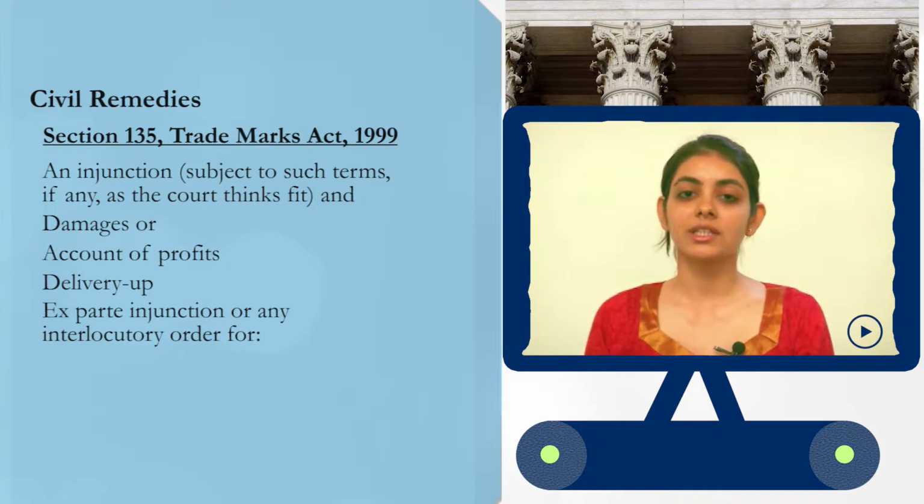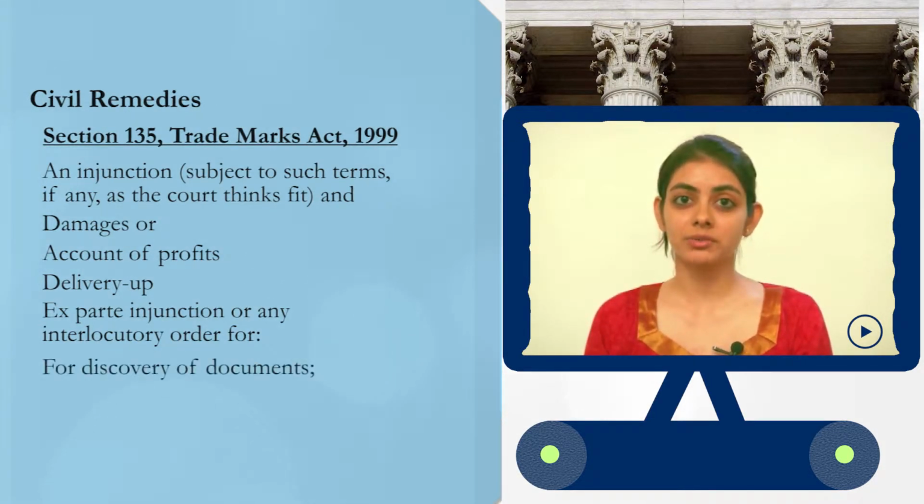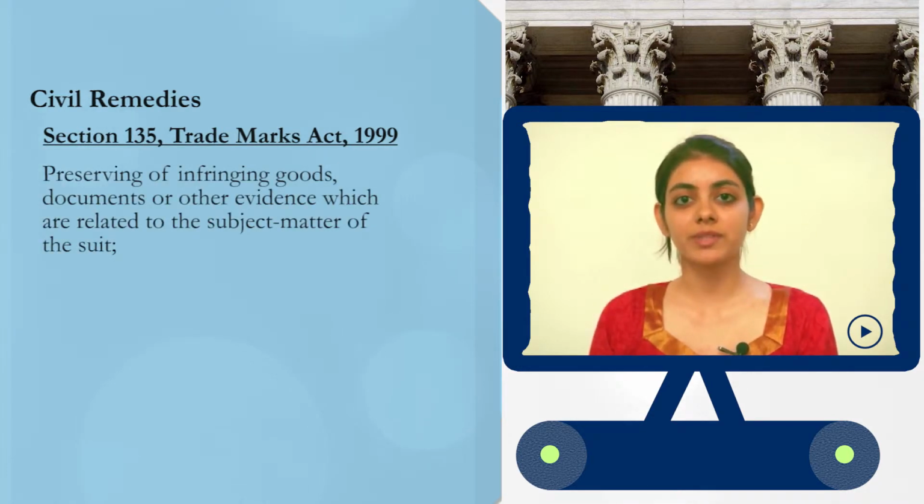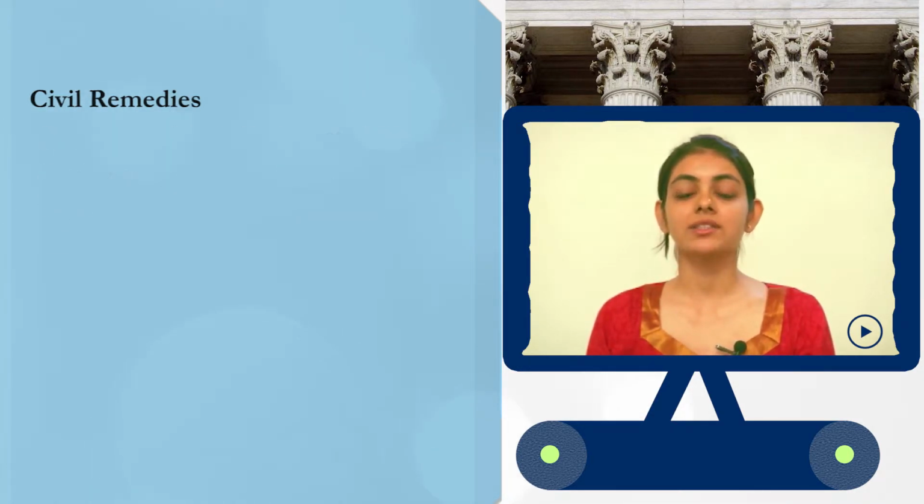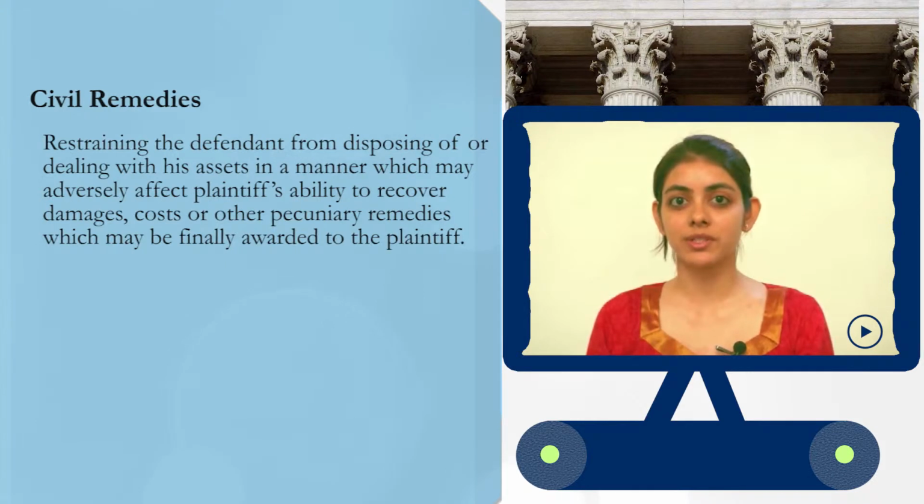for three reliefs. These reliefs include discovery of documents, search and seizure preservation orders, and restraining the defendant from disposing of assets. Now, these three interim reliefs also have unique names.